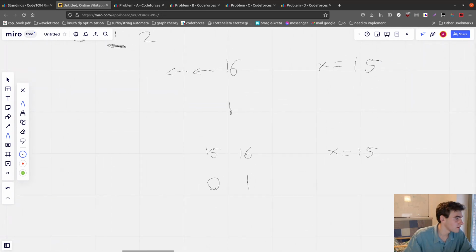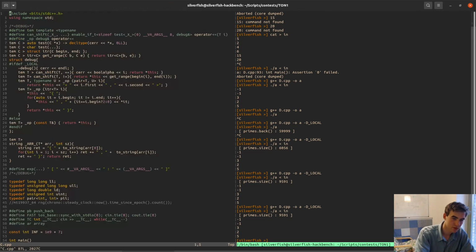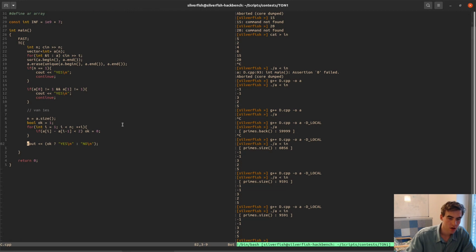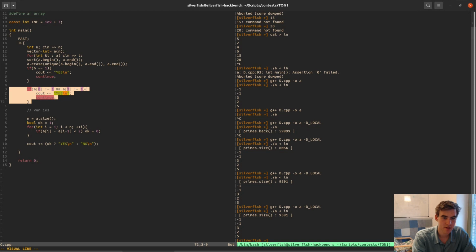So I can also show code for this. I read in the integers, and I erased all duplicates because duplicates don't really matter in this problem. I eliminated the edge case where n equals 1. After that, if there's no 1 in the array, then I'm good, because I can make them all zeros.